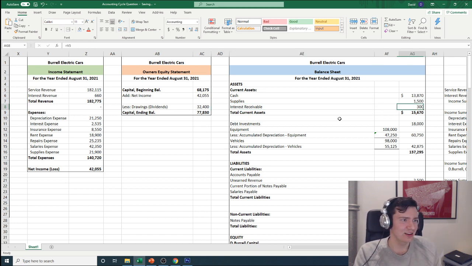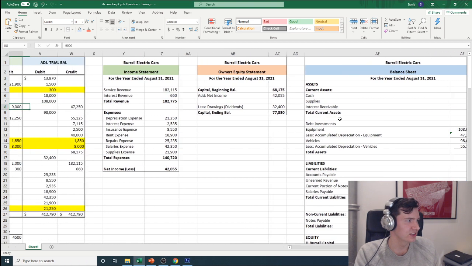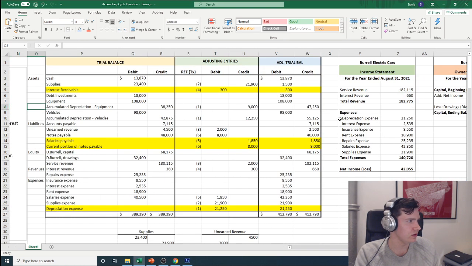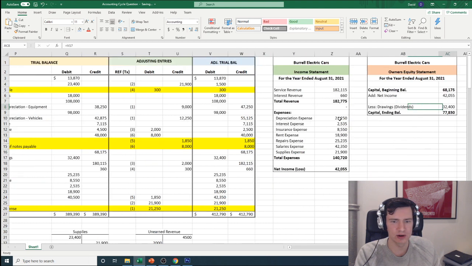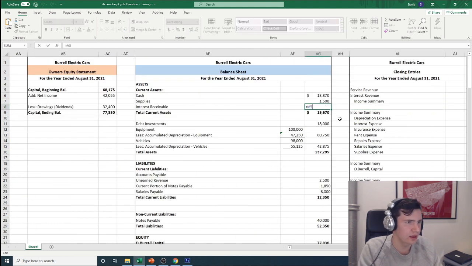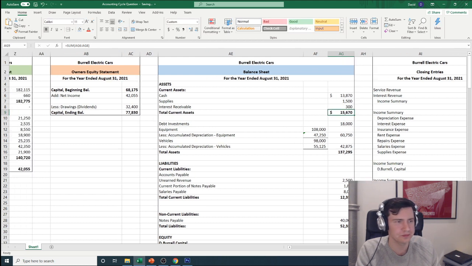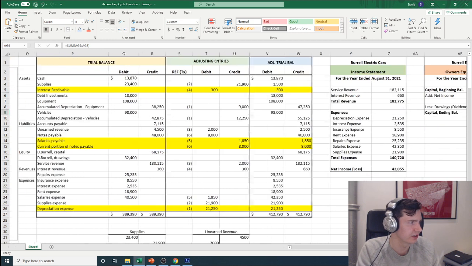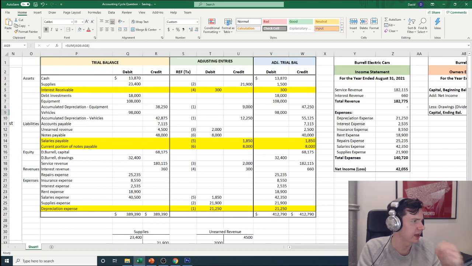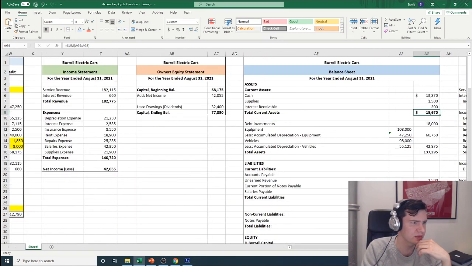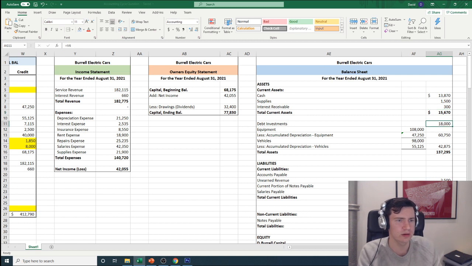So interest receivable is 300, and that's the amount right there. And our total current assets are 15,670. So we're just taking the sum of those. Just making sure that I don't have any other current assets. I have debt investments, but I think those are long-term, yeah.